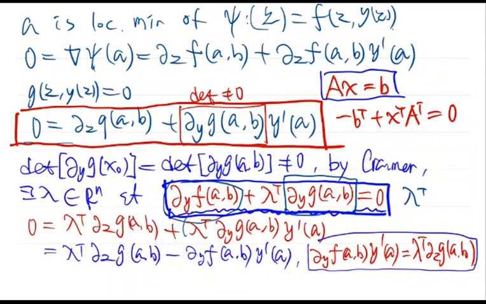I have a typo. This is not z, this is y. Sorry. Here it should be y. By the chain rule, this is y.